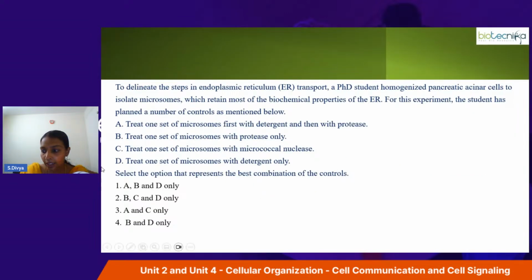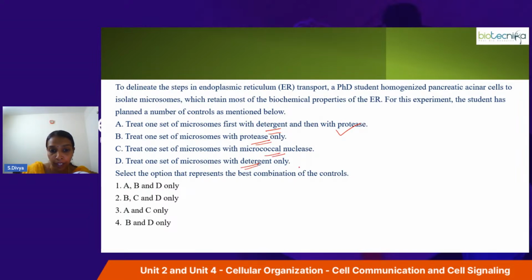The next question is to delineate the steps in ER transport. A PhD student homogenized pancreatic cells to isolate microsomes, which retain most of the biochemical properties of the ER. For this experiment, the student has planned a number of controls as mentioned below: treating the microsomes first with detergent, then with protease only, micrococcal nuclease, and detergent only.